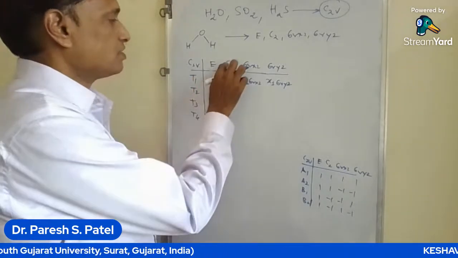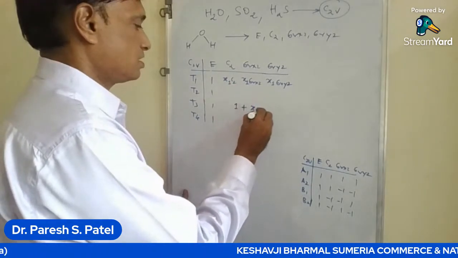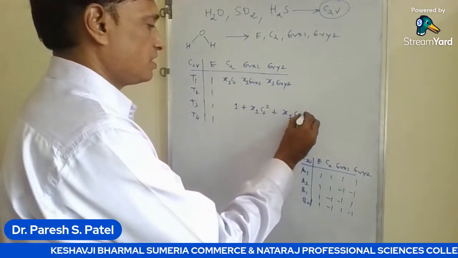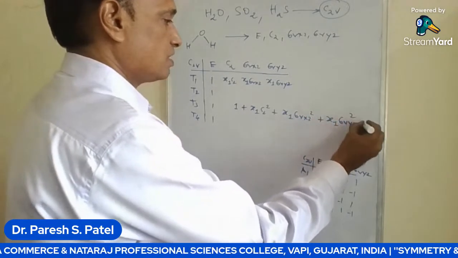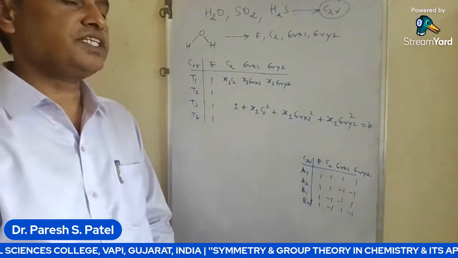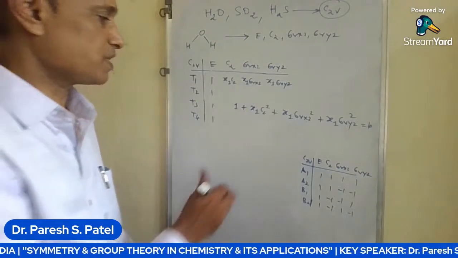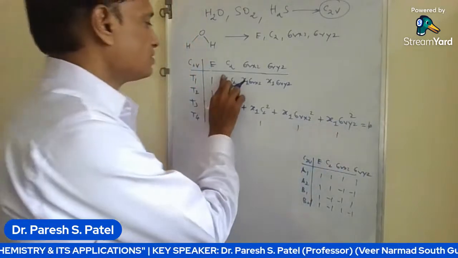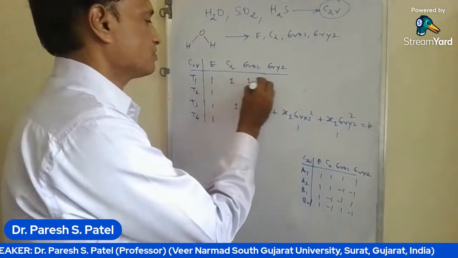So character 1 E square plus character 1 C2 square plus character 1 sigma Vxz square plus character sigma Vyz square is equal to 4. To maintain the uniformity of any character table, the first representation should be with respect to 1. If you put the value 1, it is satisfied. It means the first character for the first irreducible representation is plus 1.